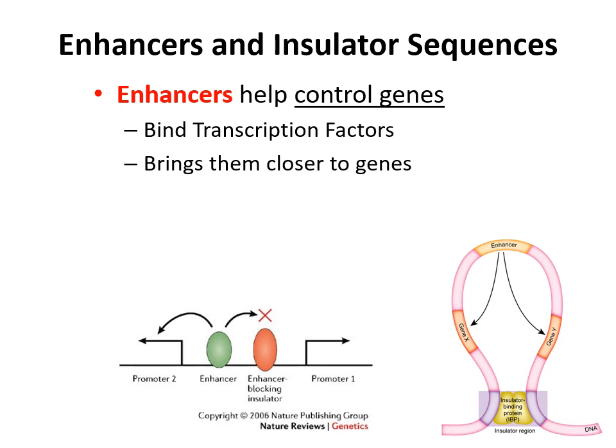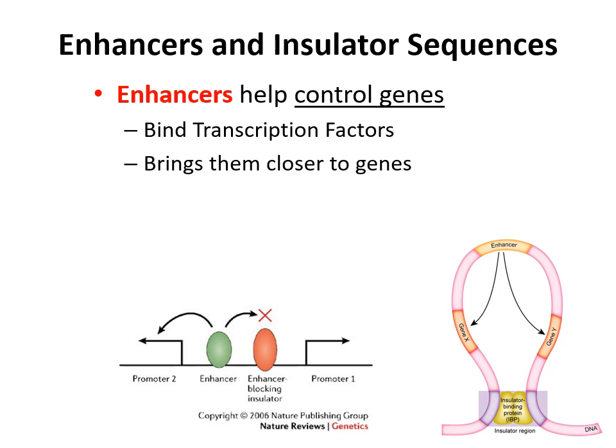And because they're looping the DNA to bring these transcription factors closer to genes, they're able to help activate one or more genes at the same time, any gene in the vicinity near them that they're looping to.